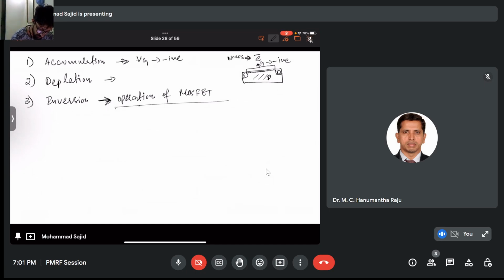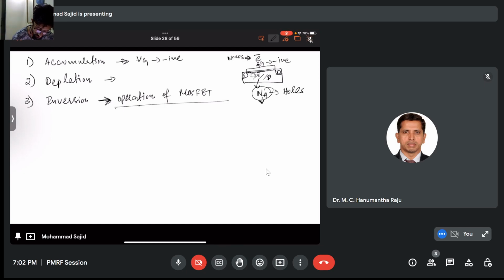Next, you start increasing your Vg voltage. What will happen is accumulation charge will start dropping off, and slightly the electrons will start coming to this region. Since P-well is Na, it has Na carriers, holes, right? So there will be some atoms which have one less electron than silicon.